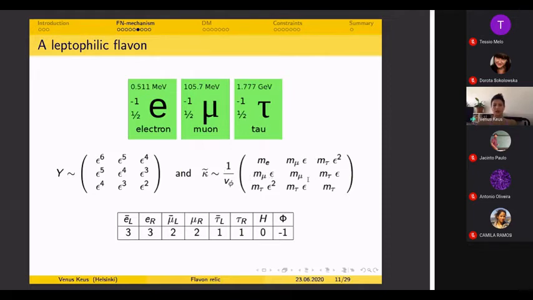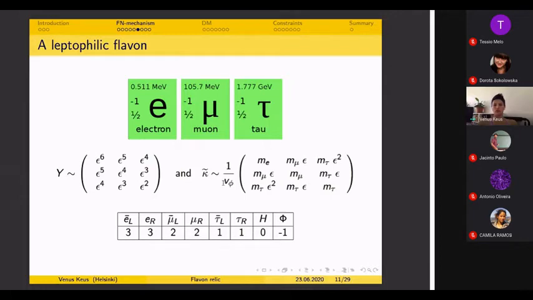And here, I've forgotten to write it out, but epsilon, we take it to be 0.1. You don't have to remember all of this. What you do need to remember is that this kappa tilde, which is the coupling of the flavon with the leptons, is inversely proportional to the VEV of phi.